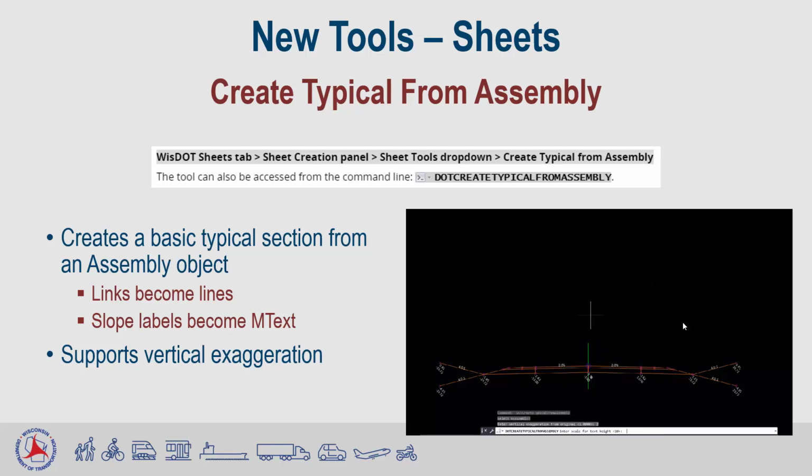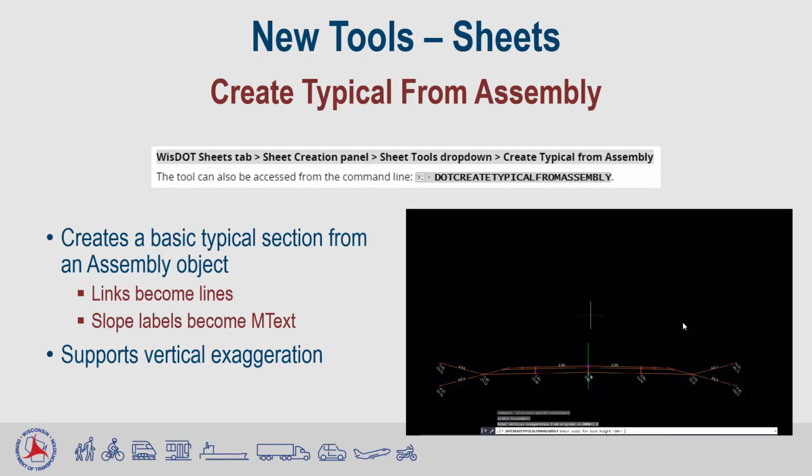Or if you want to see lines in a certain location, your code set needs to be set up to show the appropriate links that you want to show. Also note that all the text and the lines do fall on the correct layer for typical sections.